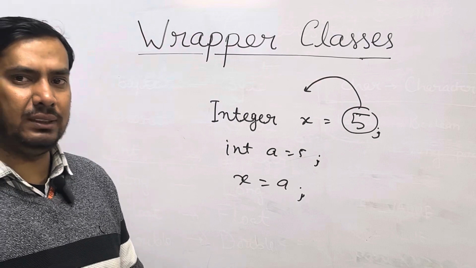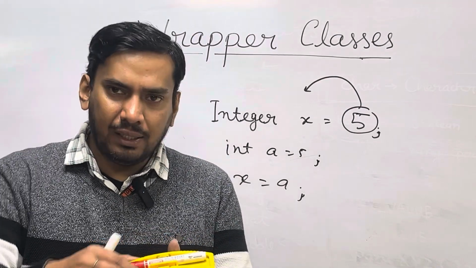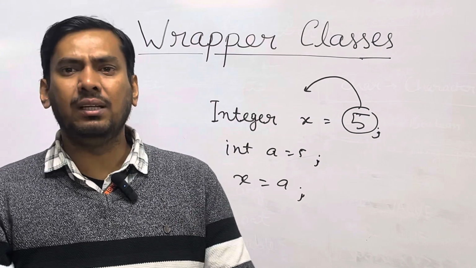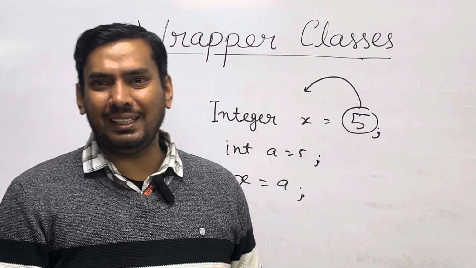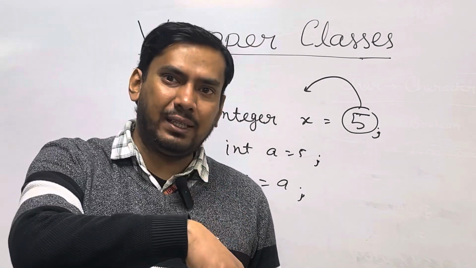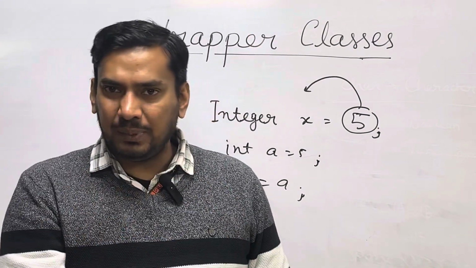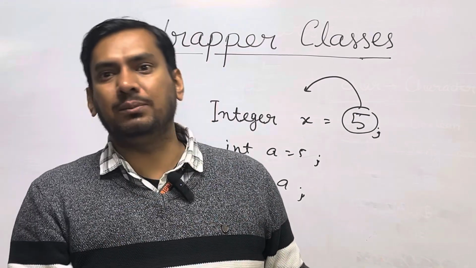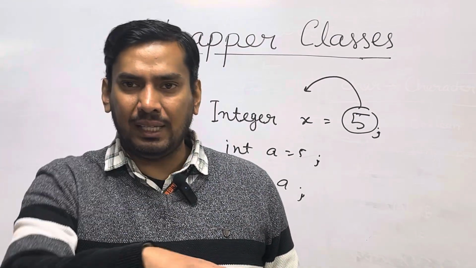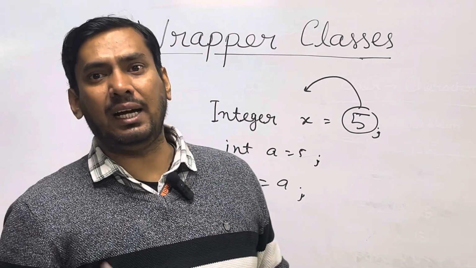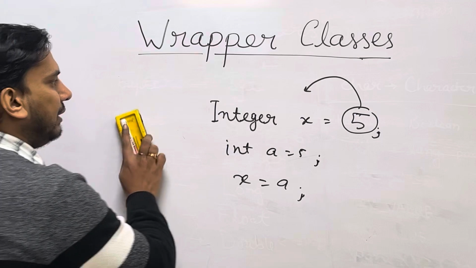It is just a concept that when a primitive type is converted into an object, it is autoboxing. A real life example you can relate: you bought a gift, and you pack the gift in a box, means a primitive value converted into a box or object becomes autoboxing, and when that box is opened, again the original value is fetched, that is called unboxing. So same thing is here.